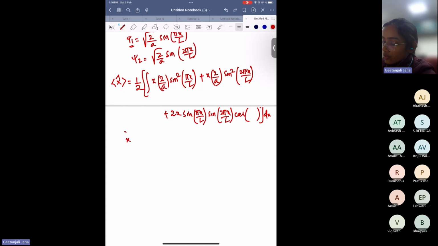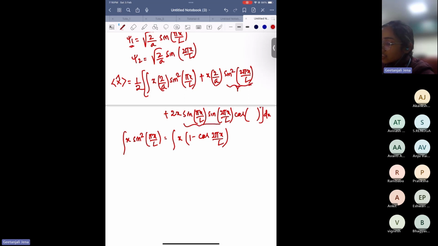First, we have to write the sine square term in terms of cos, which will be 1 minus cos 2 theta, that is 2 pi x by L. Similarly, for this term you have to write it as a 1 minus cos term.